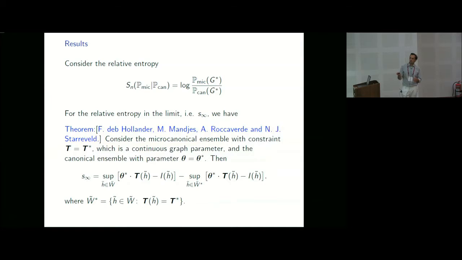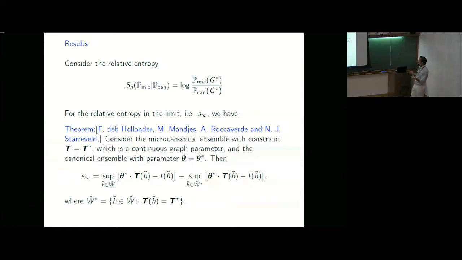So this says that the relative entropy in the limit essentially boils down to studying these two variational problems. This term comes from the partition function of the canonical ensemble, and this term comes from the microcanonical ensemble, where you have the supremum over this W star of this function, which comes from counting graphs and using the large deviation result.